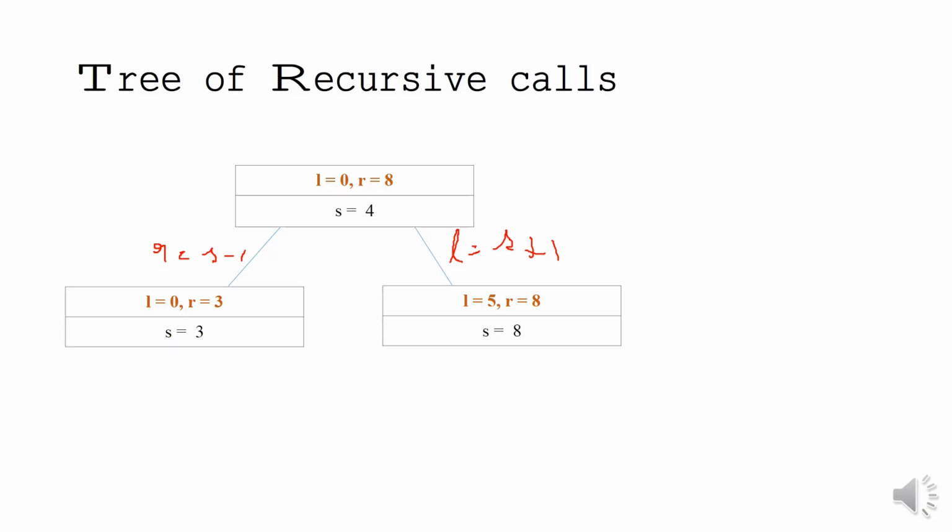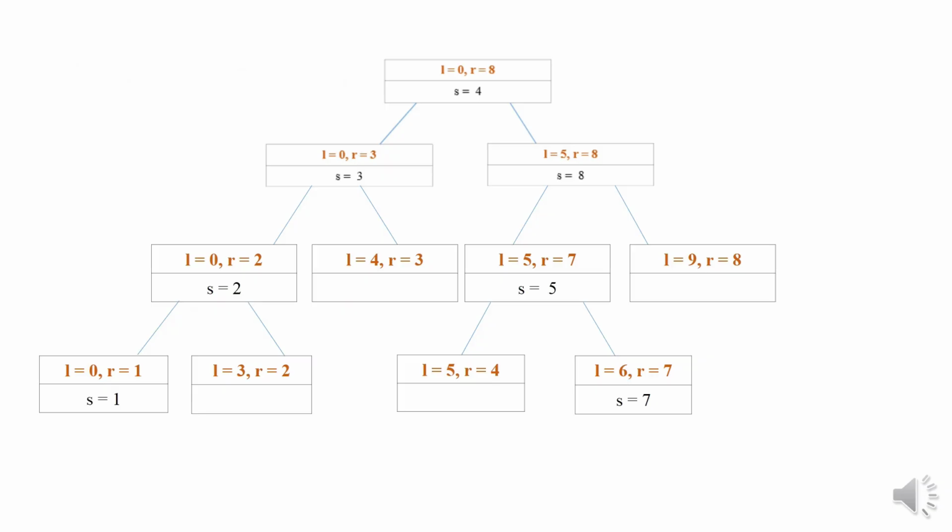Now, with this, we obtained a partition on the left sublist at s equal to 3. And for the right sublist, we got s equal to 8. Now, since l is less than r, we need to continue the sorting.